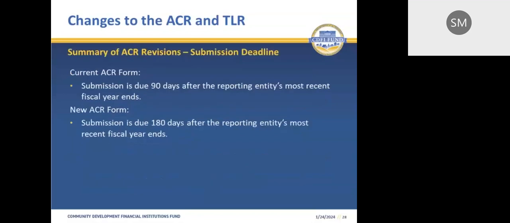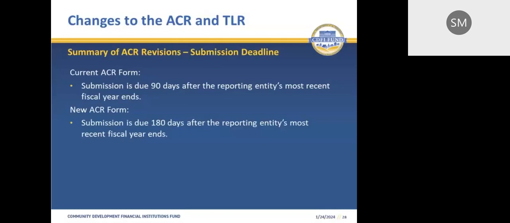Another change to the ACR under the revised certification policies is its submission deadline. Currently, the ACR is due 90 days, roughly 3 months, after a certified CDFI's most recent fiscal year end. For example, if a certified CDFI's fiscal year end is December 31st, 2023, then its ACR is due on March 31st, 2024.